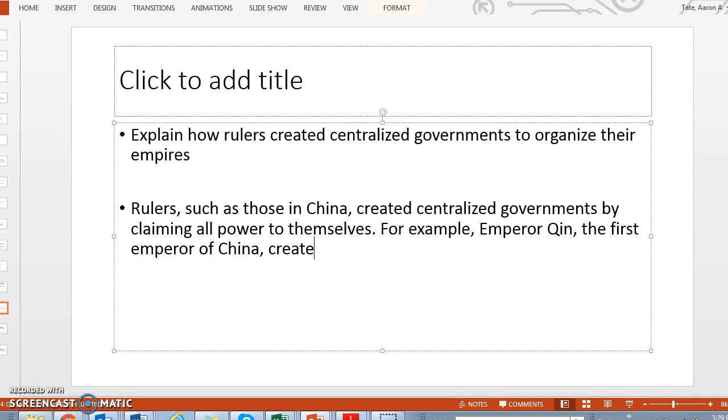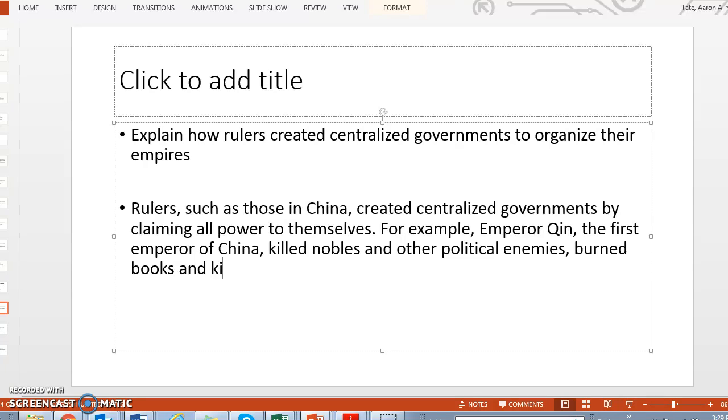For example, Emperor Qin, the first emperor of China, well, what did he do to create a centralized government? Well, he killed nobles and other political enemies. Remember what he did with the books? He burned books and killed scholars who opposed him.